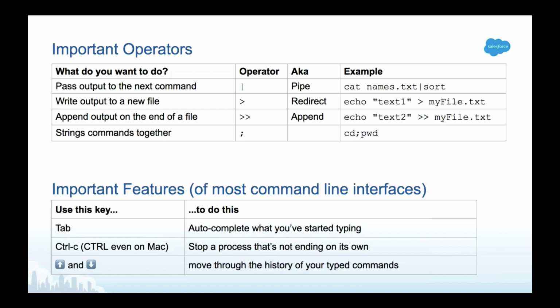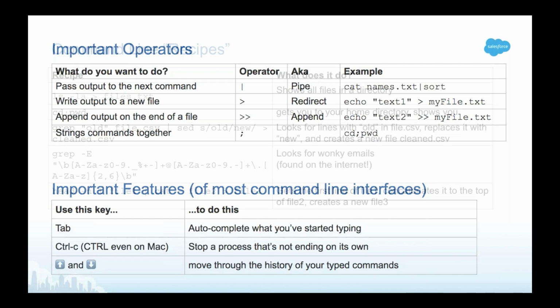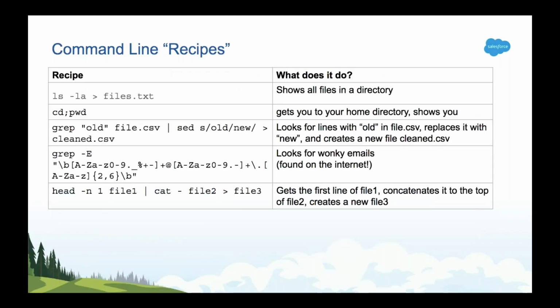So if you type something and you forget a quote and your command line is just hanging, doing stuff and never going to stop, then Control C is the way to stop it. And then you can use your up and down arrows to move through the history of your typed commands. That's another great shortcut to use. There are lots of other keyboard shortcuts, but those are the most common.